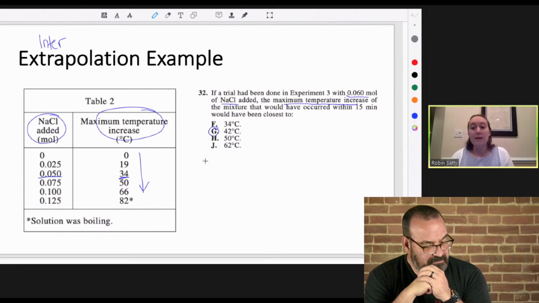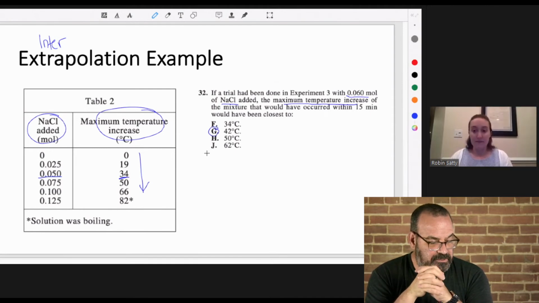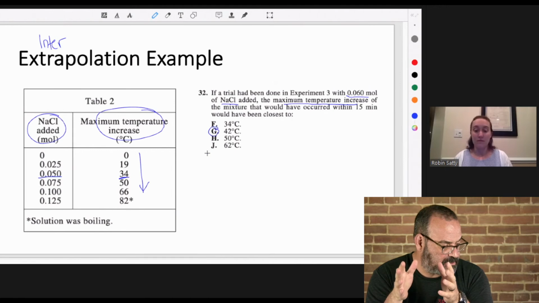Never. It's always going to be obvious, and often they'll actually give you as an answer choice the interval. They'll say something like between 34 and 50 degrees Celsius. That is often the case. Never more specific. There's a specific answer that is the only one in that range, and then there's greater than 34 and less than 50, and so they will give you both.